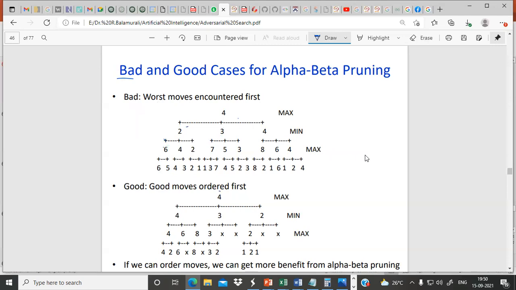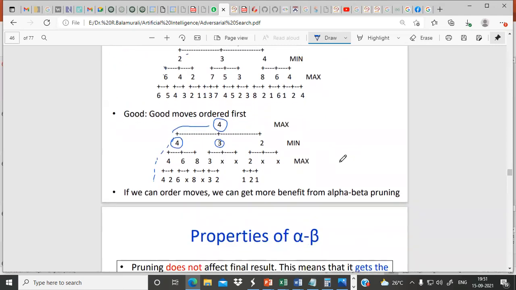Let us assume this is the scenario. In this scenario, first the algorithm proceeds in the depth first search fashion, and the value backed up at this position is 4. Now the algorithm will explore this, but here the beauty is that it will explore only one path of this node.